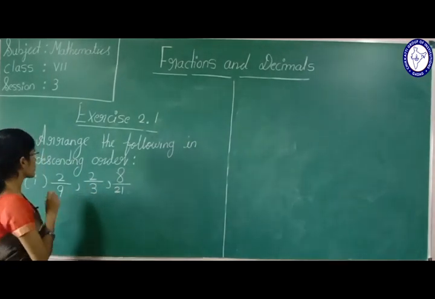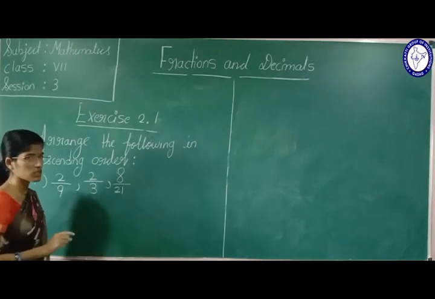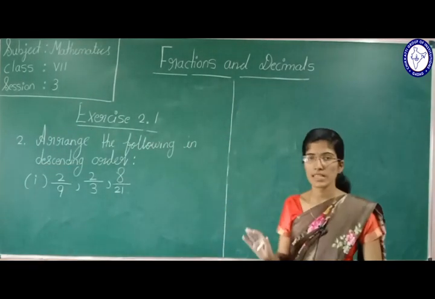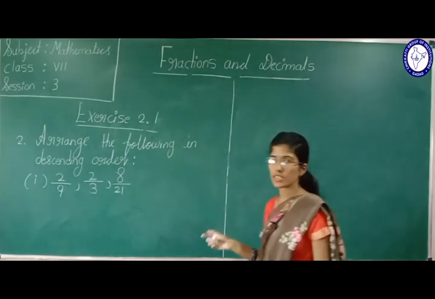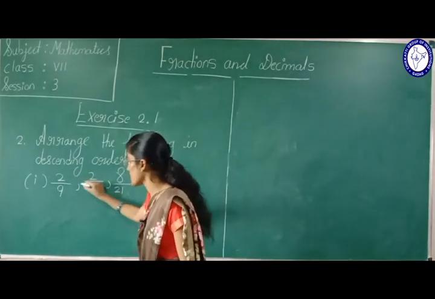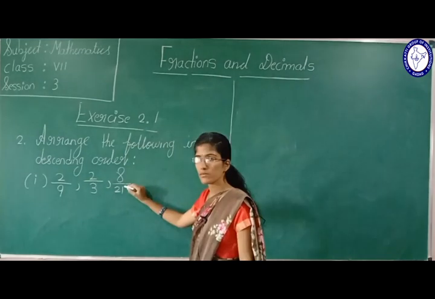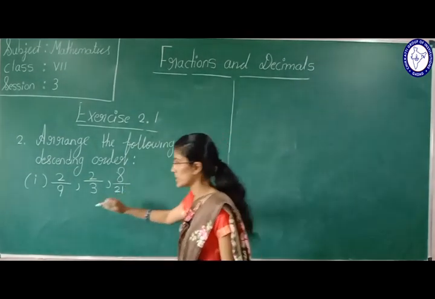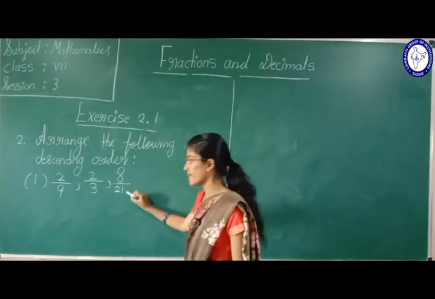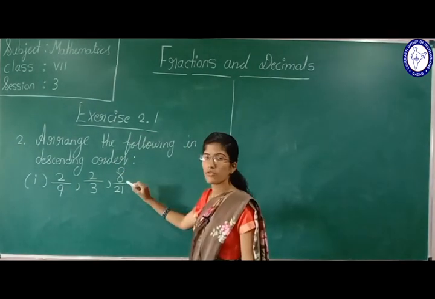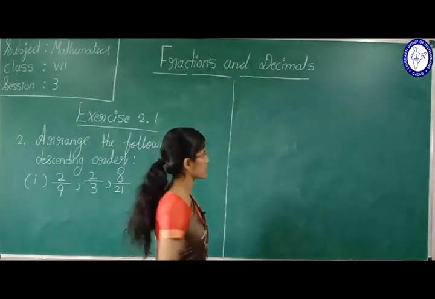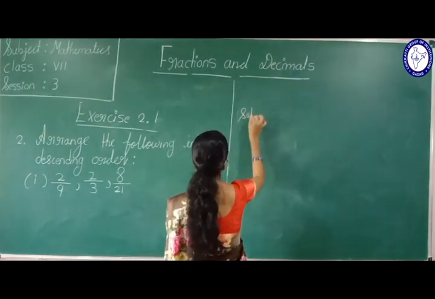To arrange these in descending order, are these like fractions or unlike fractions? These are unlike fractions. First we will convert these into like fractions. Okay, see the solution.